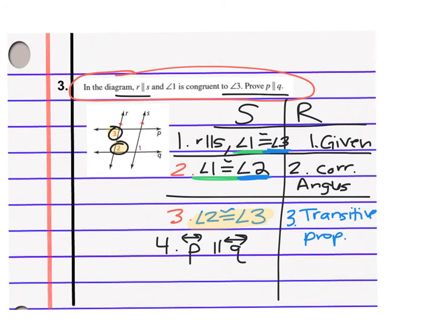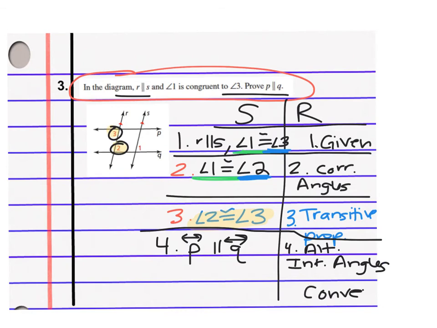Those are the alternate interior angles. And is this going to be the converse? Are we saying two lines are parallel? Yes, we are. So I'm going to throw converse on there. Okay. So again, we would expect you to be able to, with some help, come up with this proof. We'd probably give you some of the lines and you'd be filling in some of the blanks.